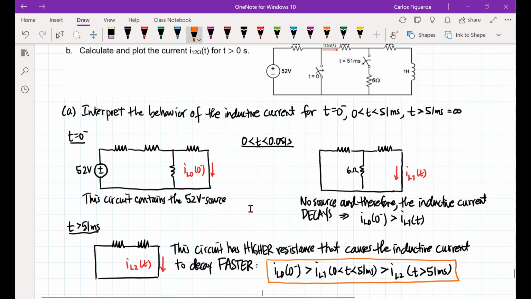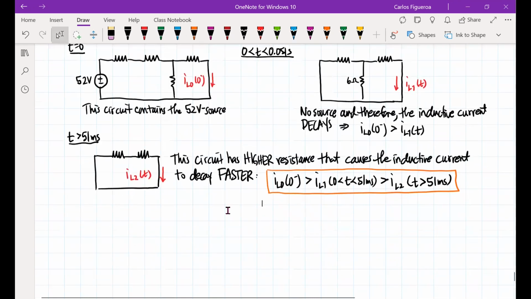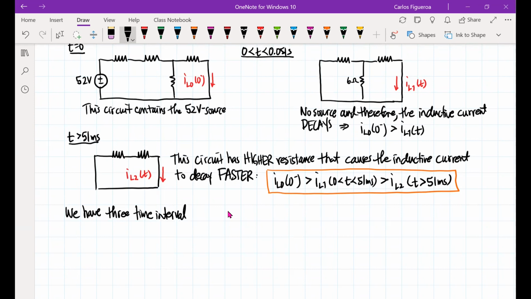Now we see that we have three time regions, or time intervals, caused by the two switches.